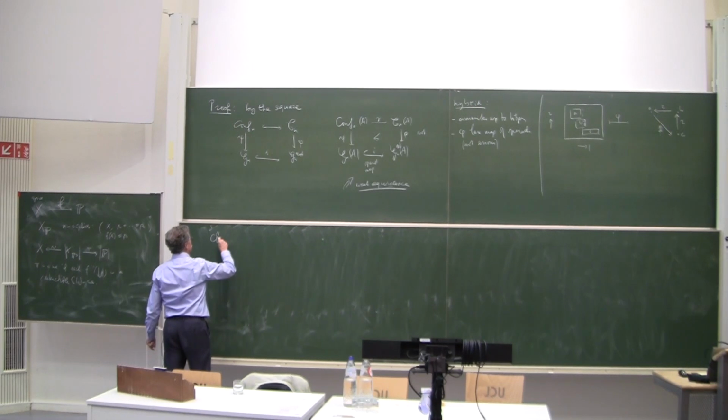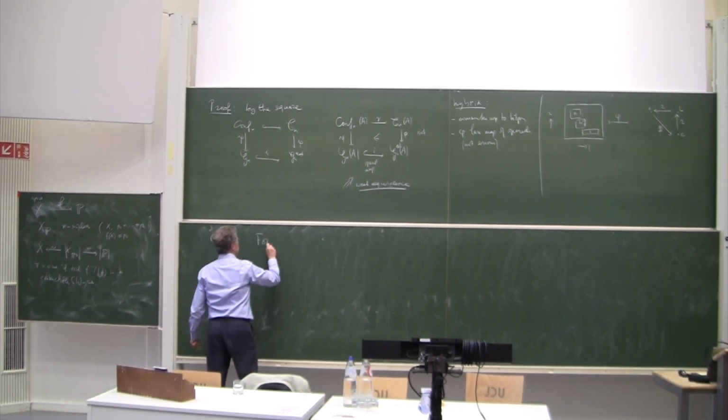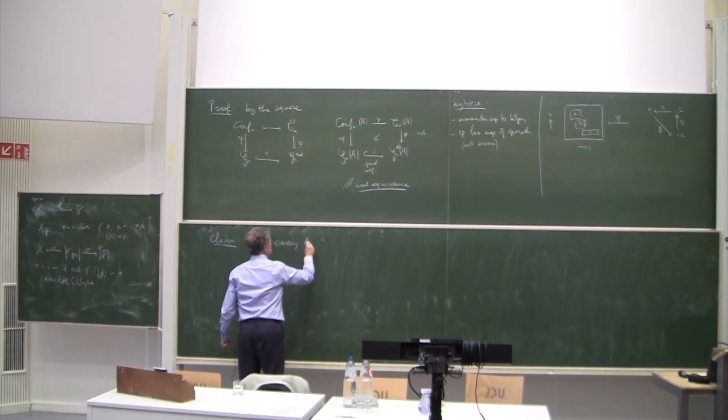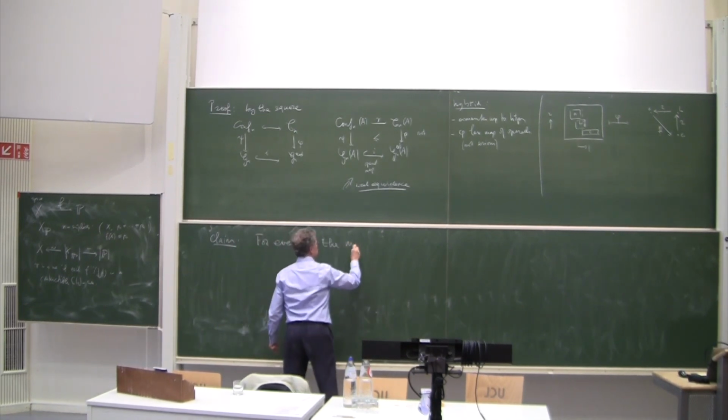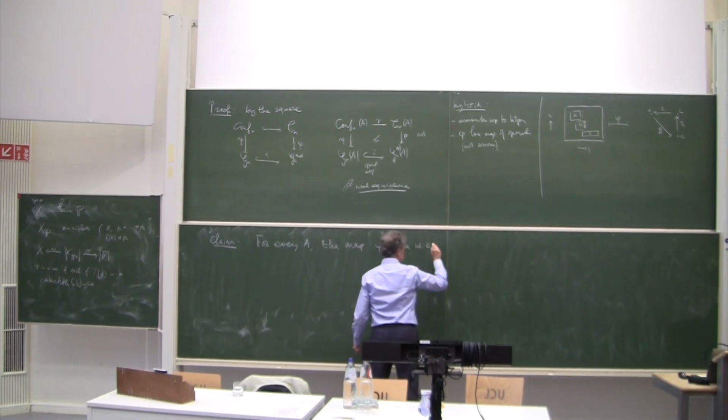So the claim is that for every set A, the map psi is a weak equivalence.